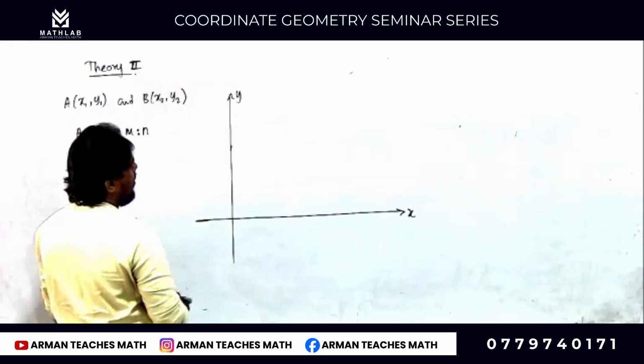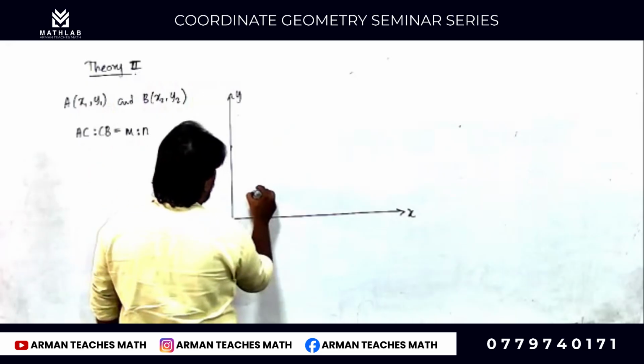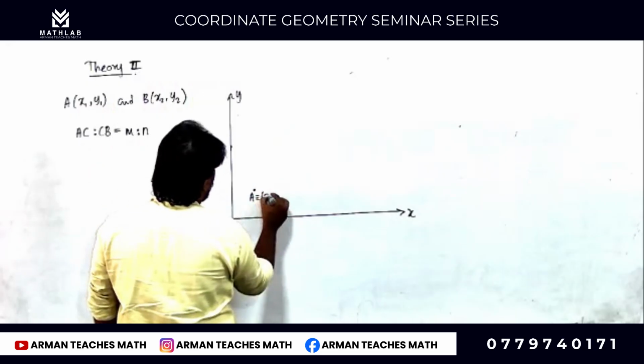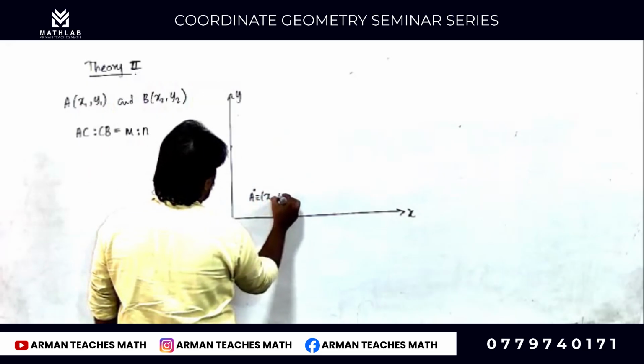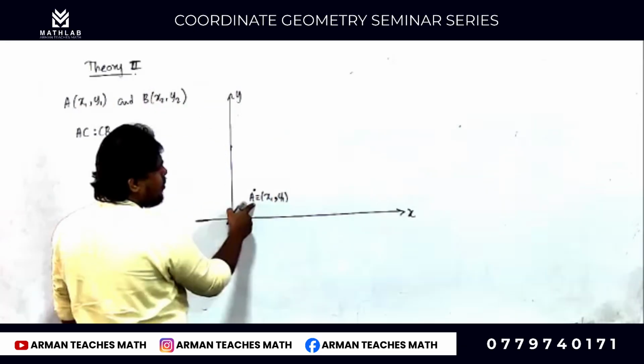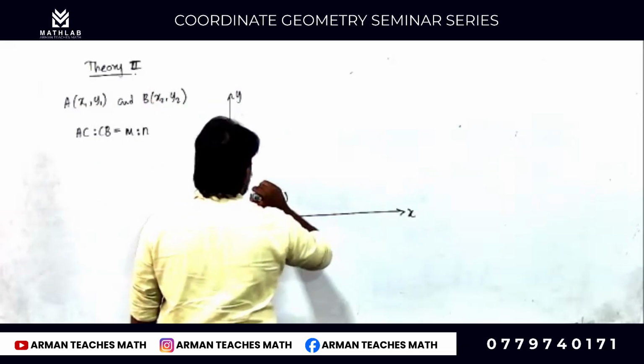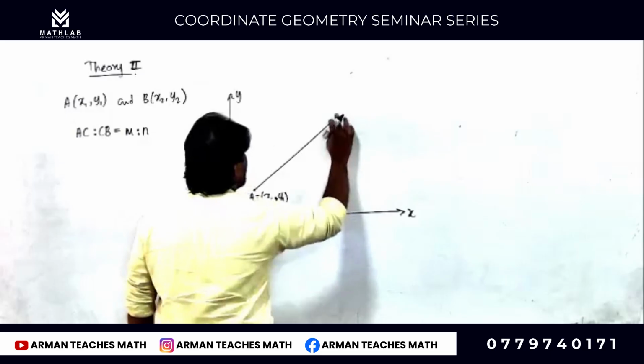Y-axis. Alright. So we have a capital A point whose coordinates are x1, y1. This is how we usually write coordinates. And then we have a capital B point.